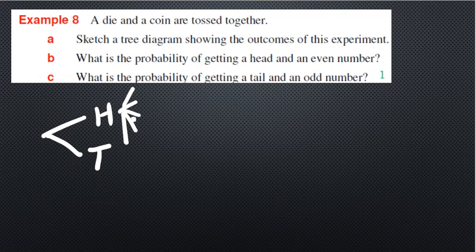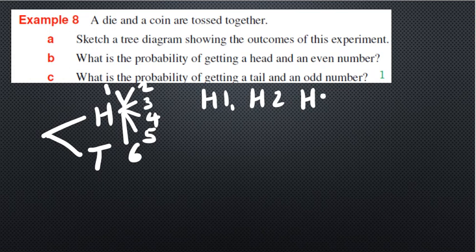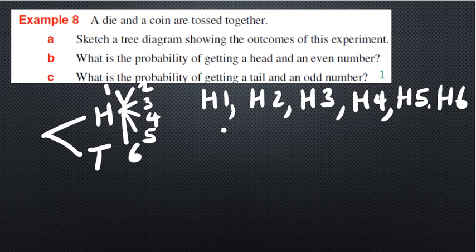So 1, 2, 3, 4, 5, and the 6th one we can write here. Number 1, number 2, number 3, number 4, number 5, or number 6. That means head with 1, head with 2, head with 3, head with 4, head with 5, and head with 6. The head may be combined with any of the 6 numbers.